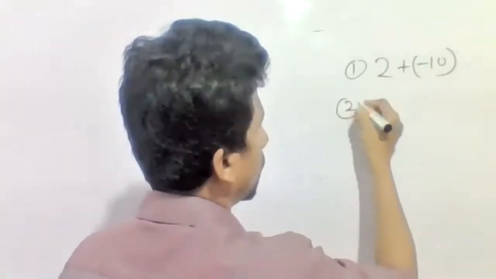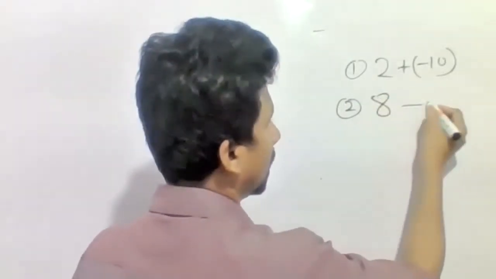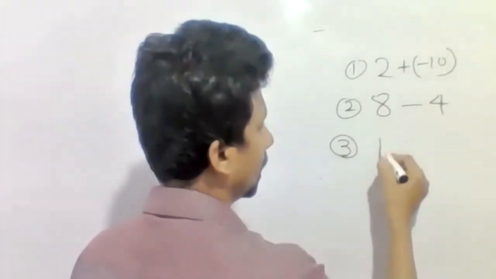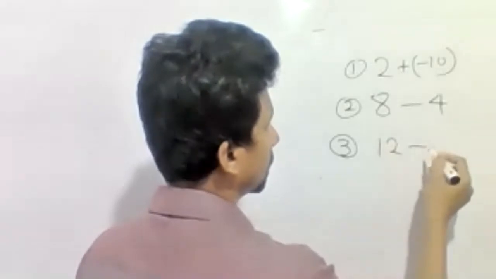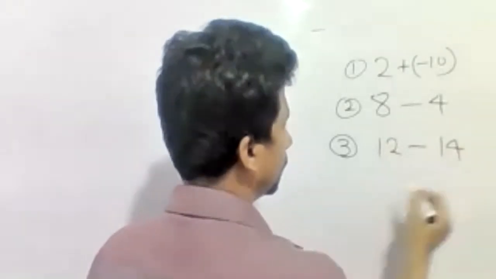First one, 2 plus minus 10. Next one, 8 minus 4. Third one, 12 minus 14.